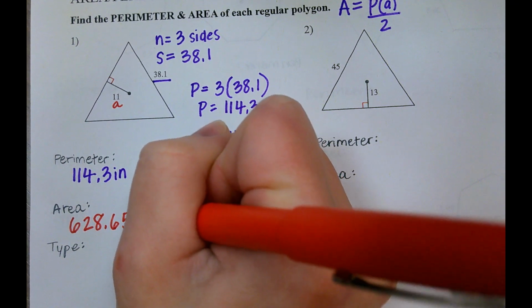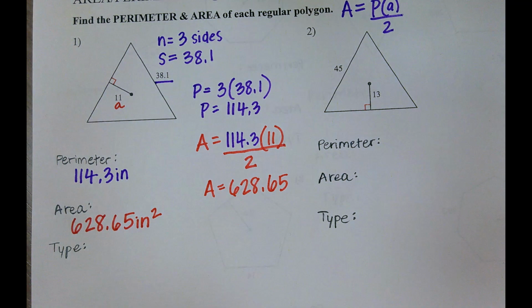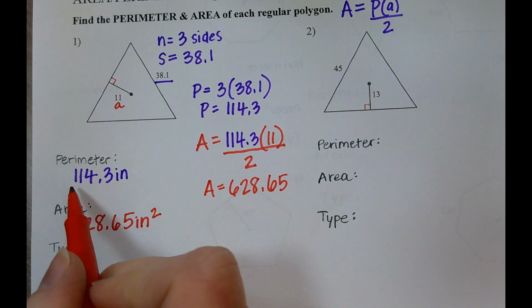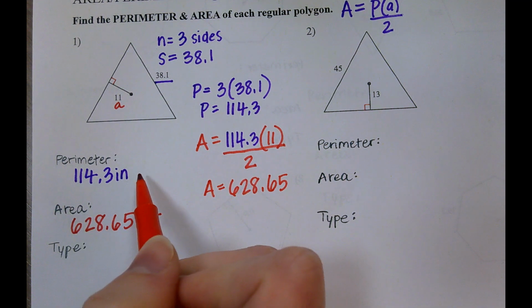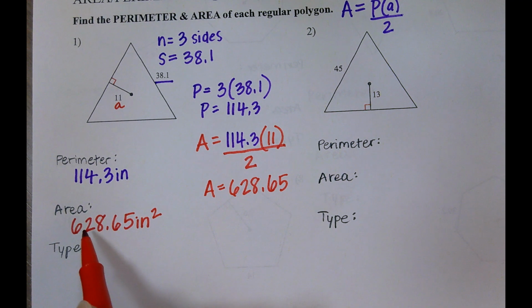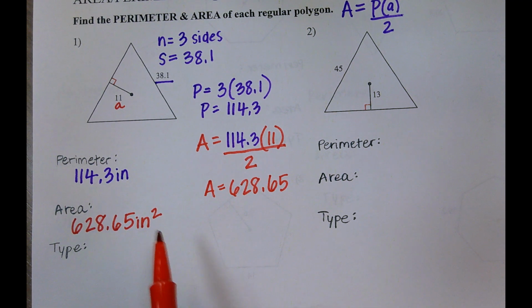Sometimes if they don't give you units, like in another math class you may take, they would have you write 114.3 units, and then you would just say 628.65 units squared. In regular high school, they would never assume a unit. They would just say units. That's probably a better way to do it, but we're so used to inches.